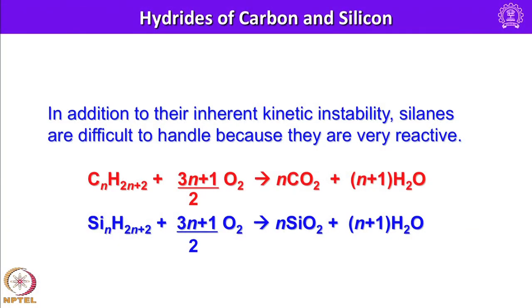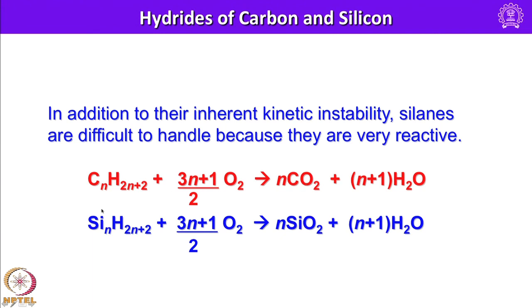Okay. So, in addition to their inherent kinetic instability, silanes are difficult to handle because they are very reactive. For example, this is a typical reaction of a carbon hydride or hydrocarbon reacting with oxygen to give water and carbon dioxide.